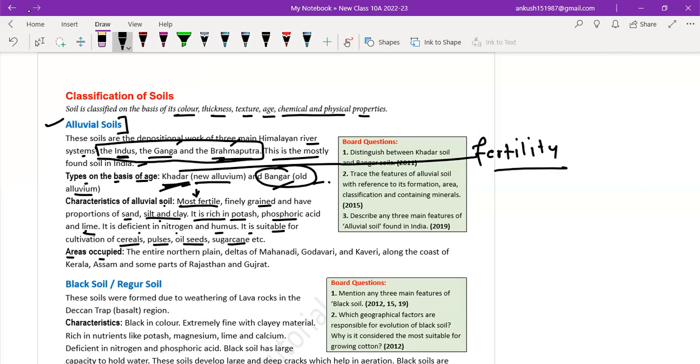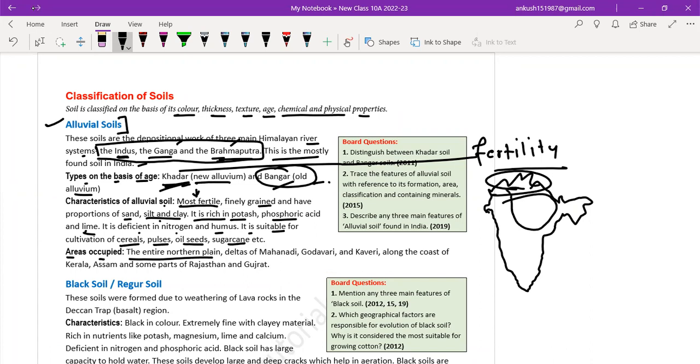Areas occupied in the entire northern plain, where we may say, okay, the northern plain actually covers this area, like this one.